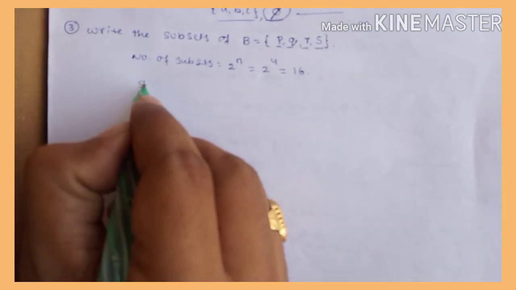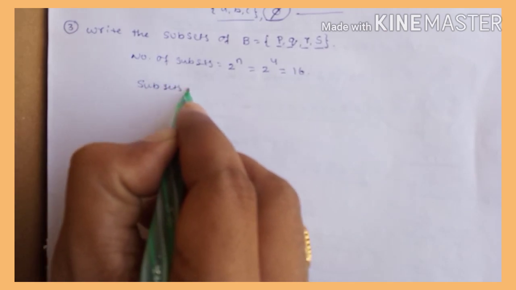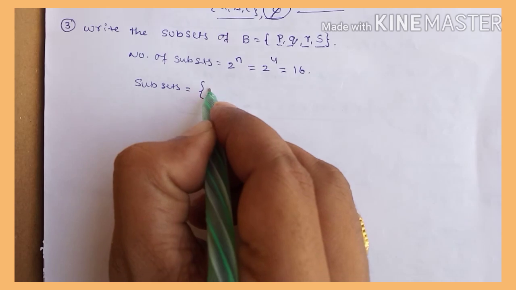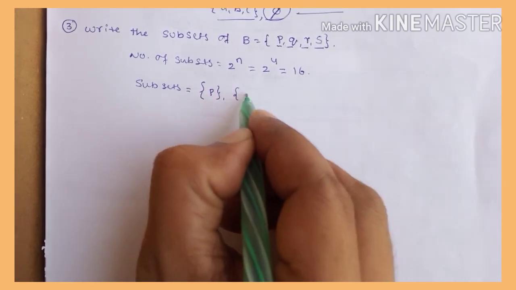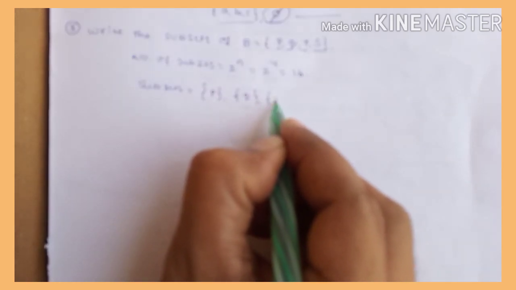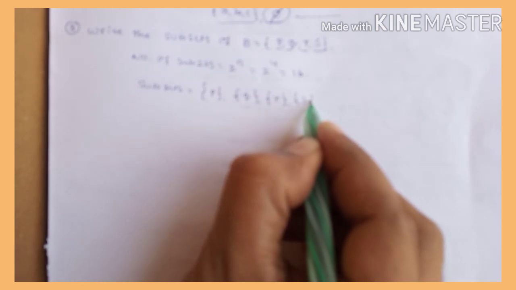First we write the single element subsets. Follow the order, students: p, q, r, s. Single element sets are completed.